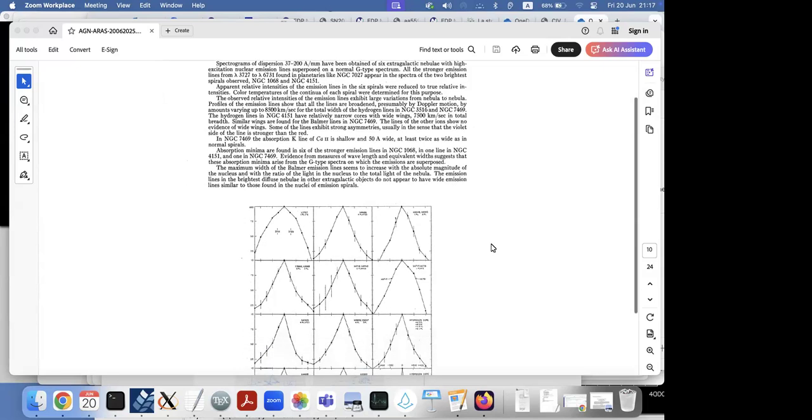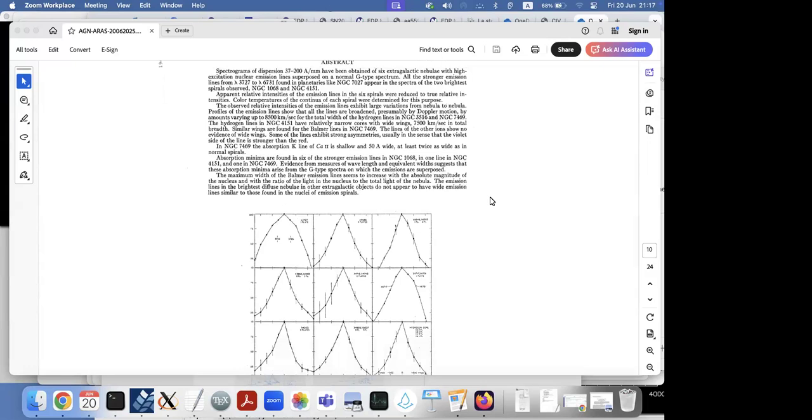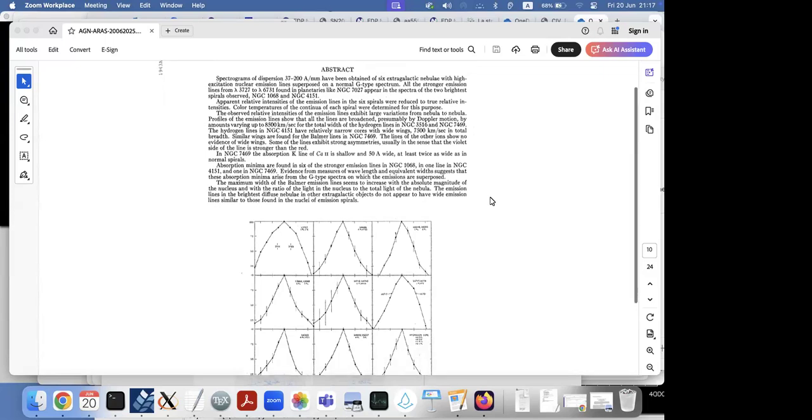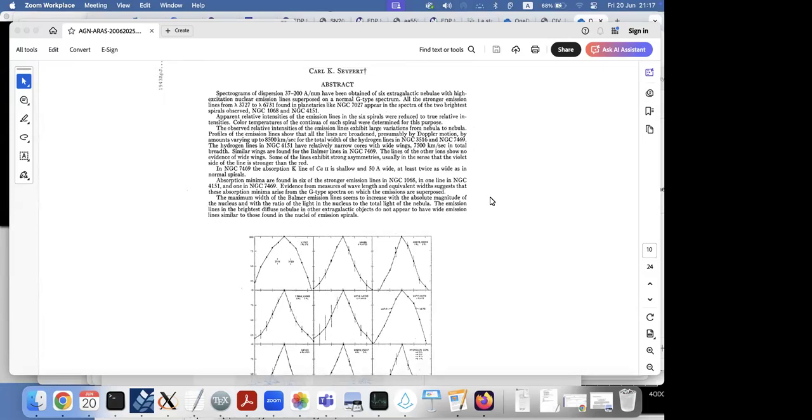What you see here is the abstract, which begins with the statement, apparent relative intensities of the emission lines of 6 spirals were reduced to true relative intensities. The observed intensities of the emission lines exhibit large variations from nebula to nebula.